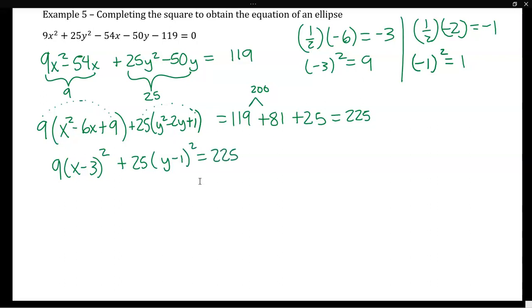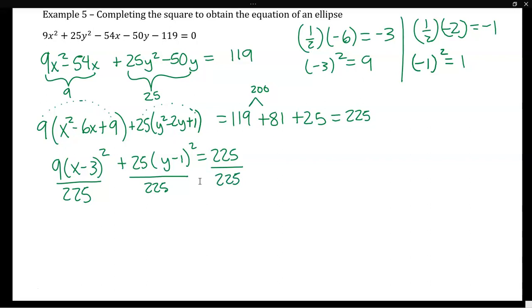Now what's different about ellipses instead of a circle is that we now need to divide everything by 225. So we're going to divide this by 225, divide that value by 225, and divide that value by 225.